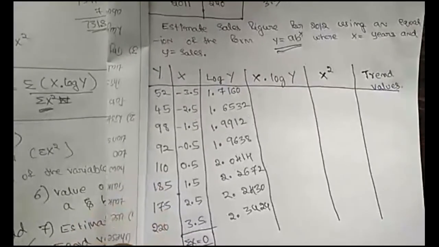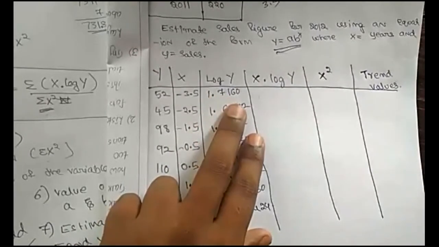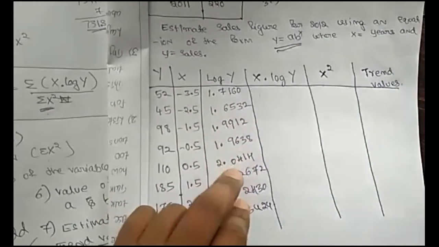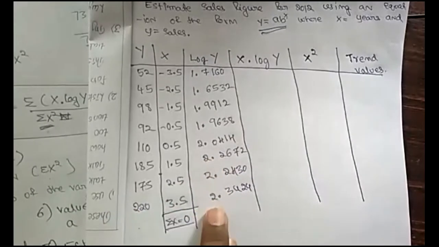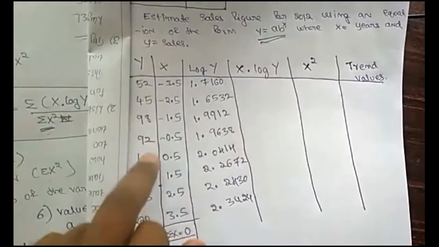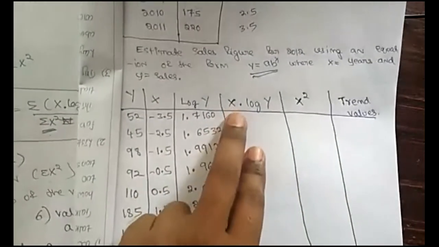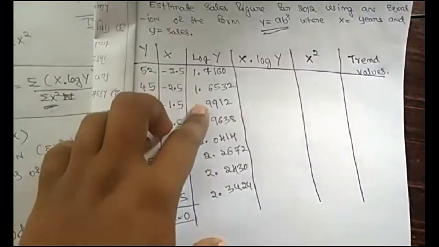See the log values of y: 1.7160, then 1.6532, 1.9912, then 1.9638. Likewise, the log of all actual values. Okay, next, find the sum of log y.